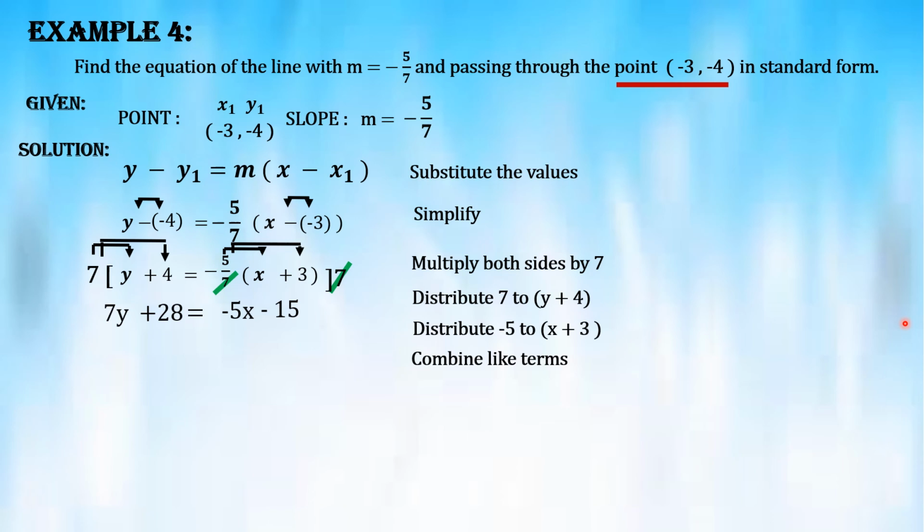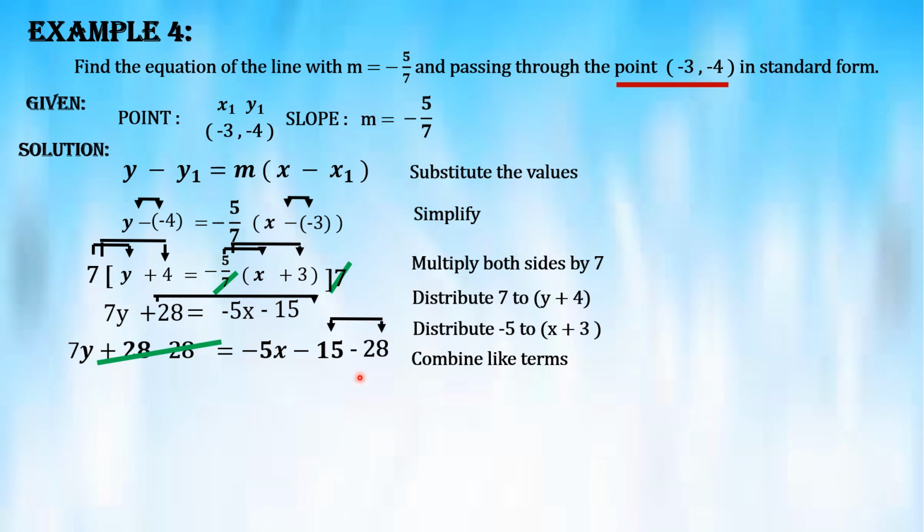Then, next step natin is to combine like terms. So, again, yung constants natin. So, you have to transpose positive 28 to the right side. So, kunin natin yung additive inverse. So, positive 28 magiging negative 28. And then, i-add din natin sa dulo yung negative 28. So, cancel na natin ito. So, you have now. Yan.